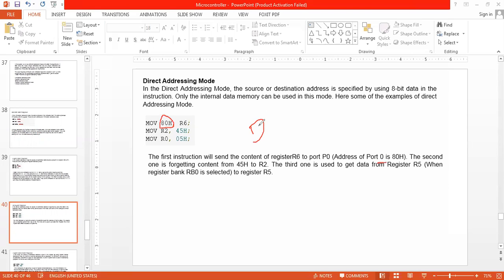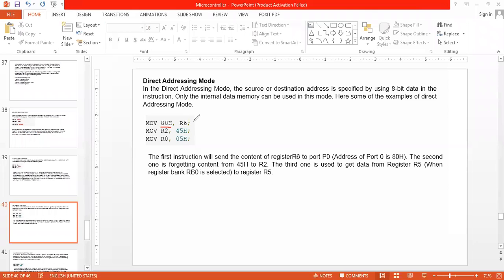But here, if I am not using any DPTR, then I have to write a memory location. This 80H is a memory location, and hash I cannot use in the destination. Hash data, immediate addressing mode, is different.